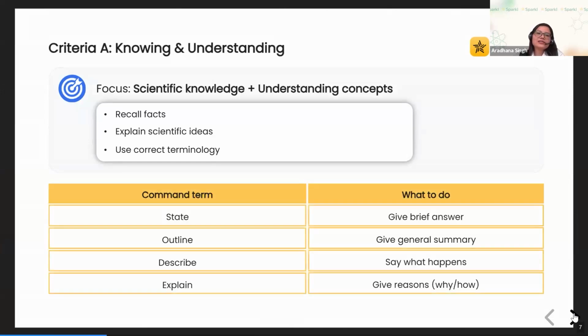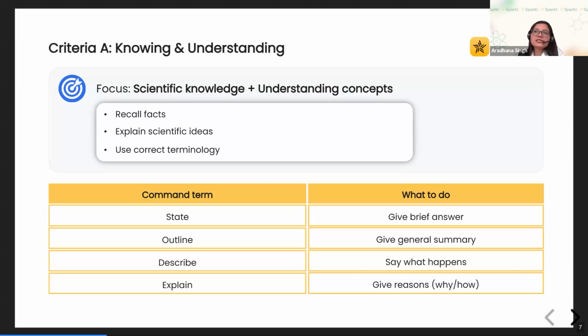What we need to take care of in these kinds of situations where the question is related to the recalling of the fact. For a conceptual question, you need to answer using the scientific principle. And also it is important that you use the correct terminology.